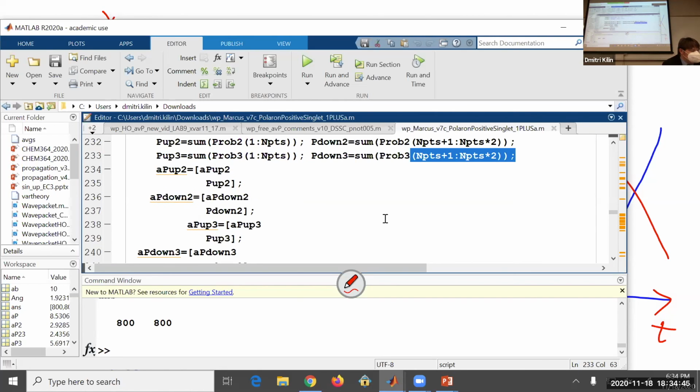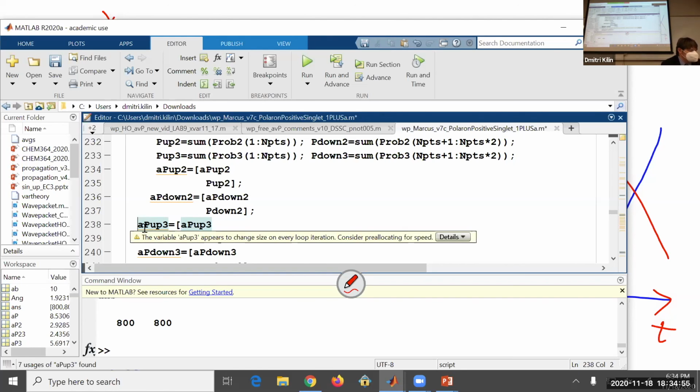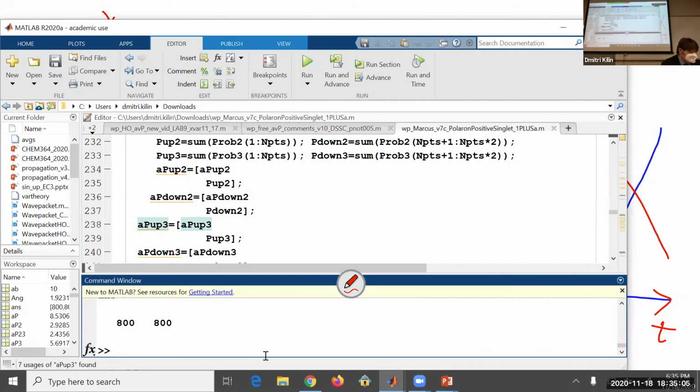And then we do accumulated, in these variables a_p_up_3 and a_p_down_3. So if I do not want to rely on what comes out automatically, I can redo it myself.